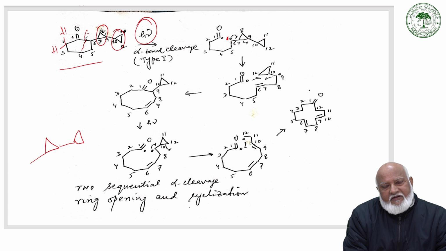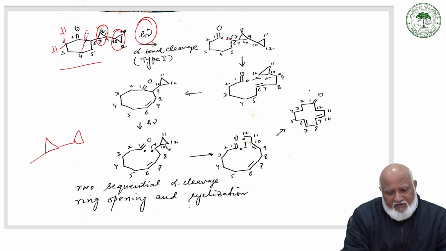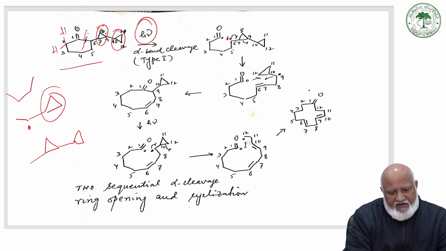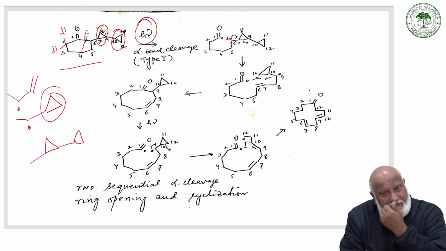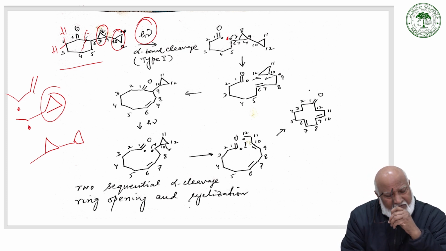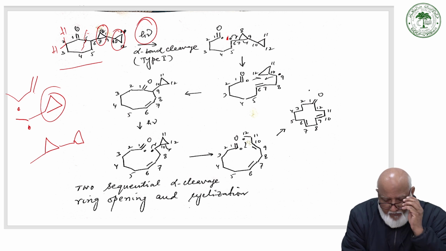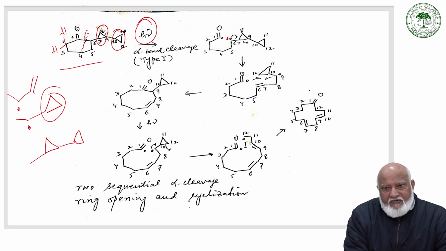ring. We have already seen several examples of this type, where a radical adjacent to the cyclopropane ring is stabilized. A carbon adjacent to a cyclopropane ring is stabilized because the cyclopropane ring can be considered equivalent to a double bond, and hence this radical adjacent to the cyclopropane ring can once again open up.